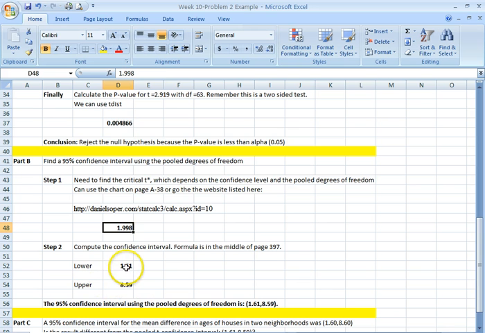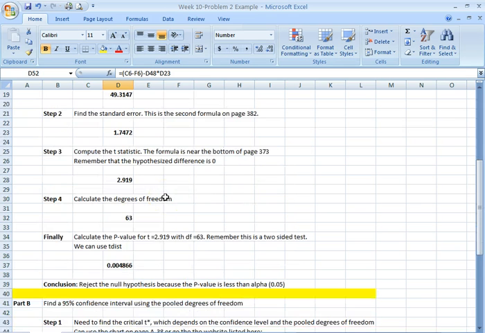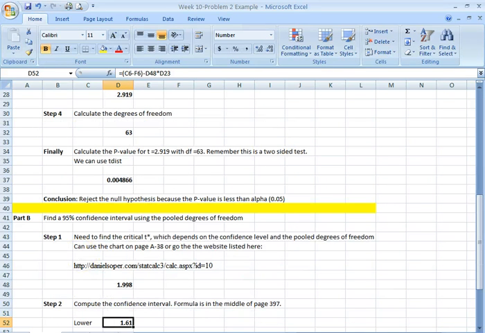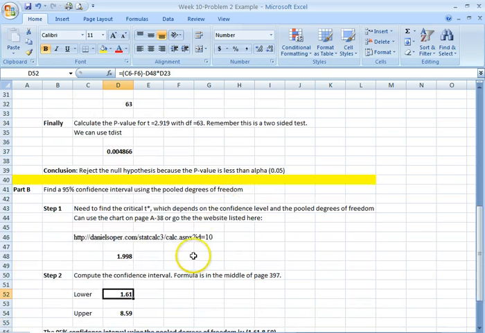So first we'll do the lower limit, and you see here I have C6 minus F6, which are our two means, minus D48, D48 being the critical T value that we calculated, times D23, D23 being the standard error. Do those calculations and we come up with 1.61 for our lower limit.